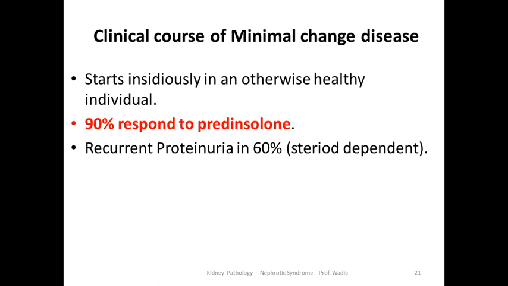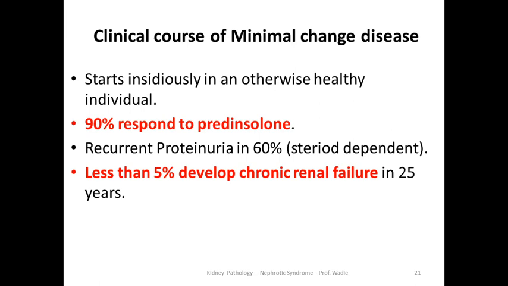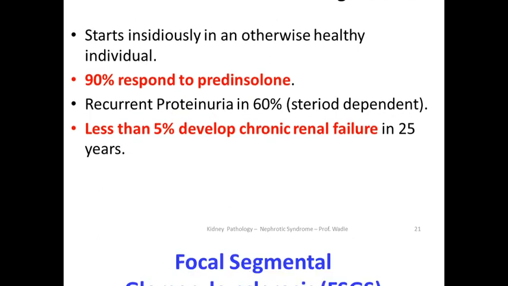However, there will be recurrent proteinuria in a majority of cases, and they need steroids in order to decrease this proteinuria. We call them steroid dependent. Less than 5% will develop chronic renal failure in 25 years. So the minimal change disease, as you can see, is responsive to steroids, and very few cases will go into renal failure.